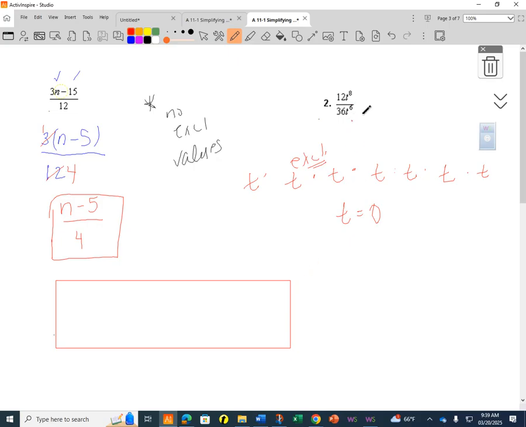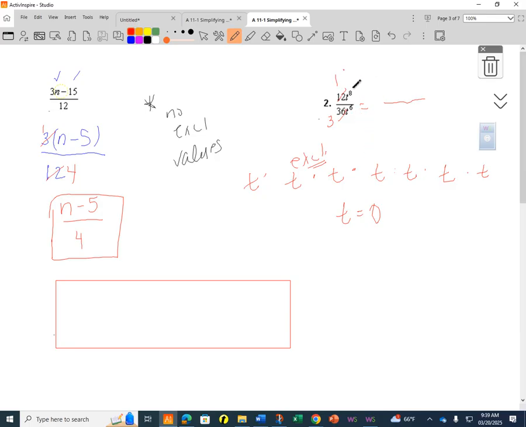So now we are going to simplify. 12 and 36 have a common factor of what? 12, yes. 12 comes out of 12 once. 12 comes out of 36 3 times. Do you guys remember how to divide like bases? t to the 8th power divided by t to the 6th power?